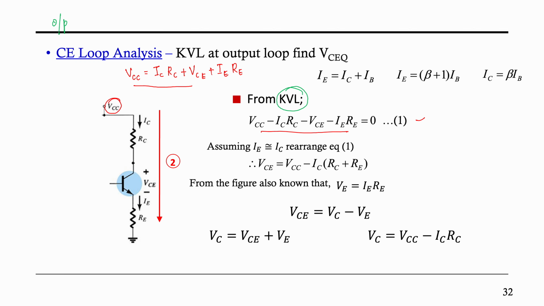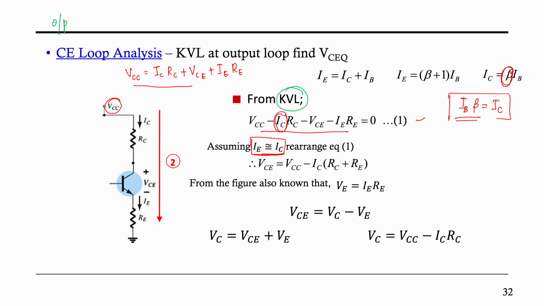So now, have you got the IC value? Not yet, right? But for IC, if it is a good transistor, we can always assume IE is equal to IC. Or if the value of beta is given to you, once you are able to define the value of IB, you can find the value of IC.